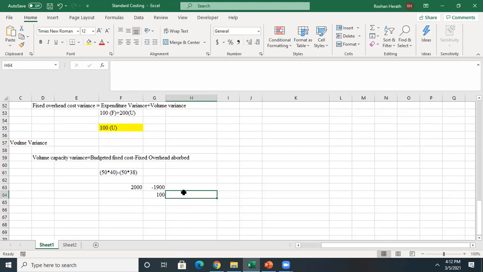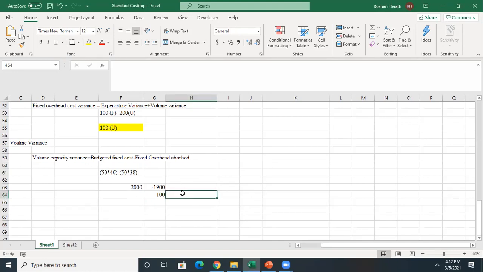Attempt is appreciated. So basically, what it says is that you have planned for 40 hours, right? You have planned for 40 hours in the sense you planned for 1,000 units, but eventually you ended up working only 38 hours. So in that sense, it's unfavorable.